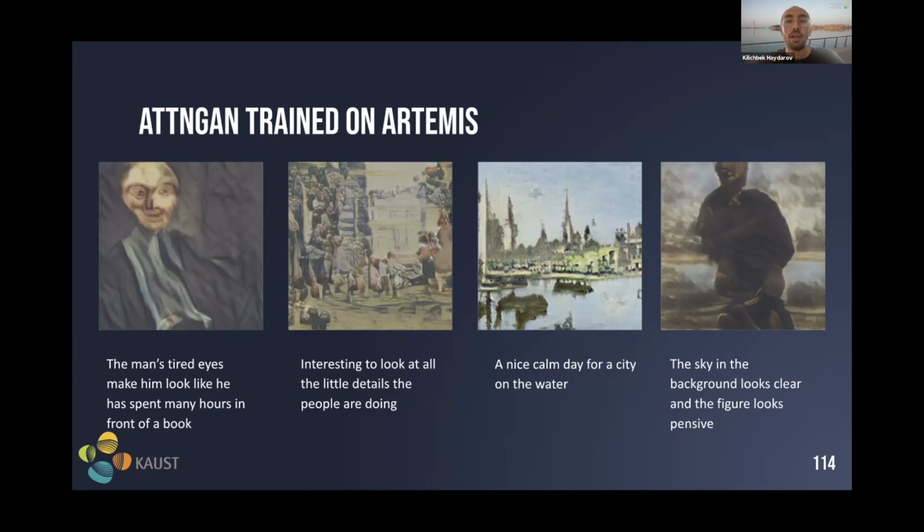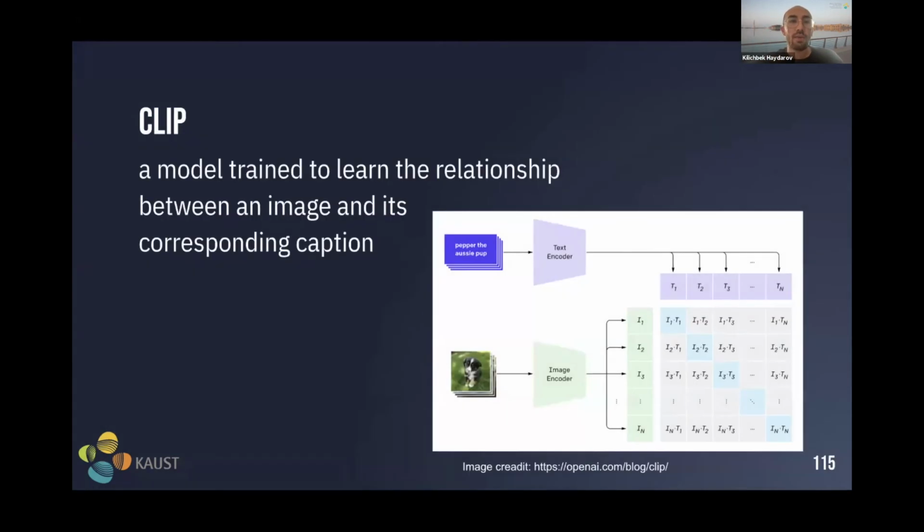And so on January 5th, 2021 of this year, you guys might be familiar with OpenAI. OpenAI released the model weights and the code for CLIP, which is trained on a really large dataset of around 400 million image and text pairs.